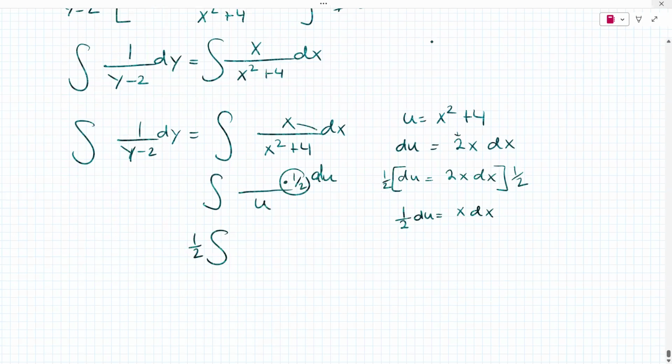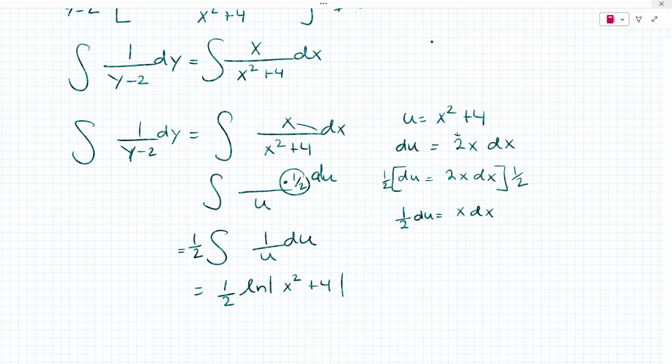So now you have 1/2 times the integral of 1 over u du. The integral of 1 over u is ln of u. So this is going to be 1/2 ln of the absolute value of u, and your u is x squared plus 4.